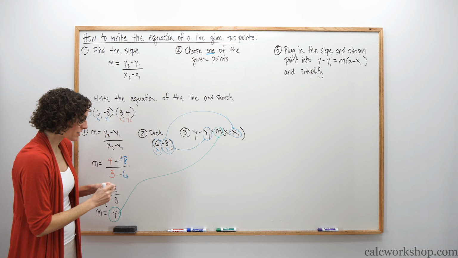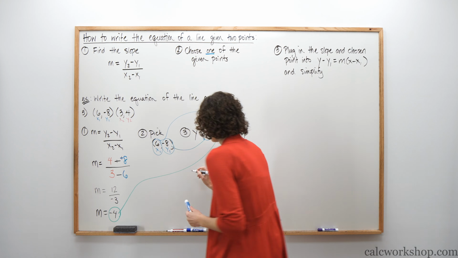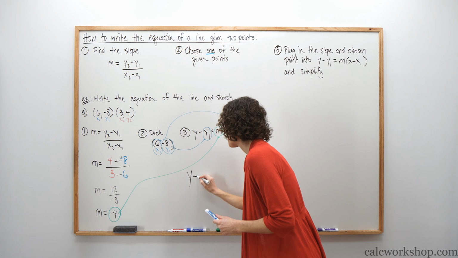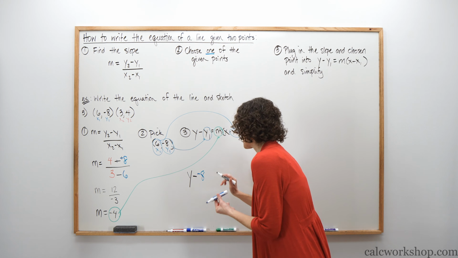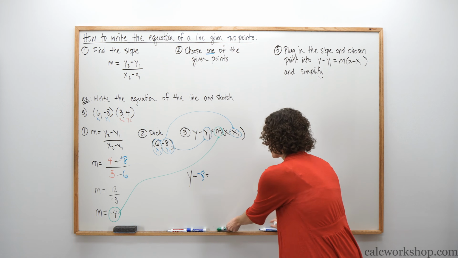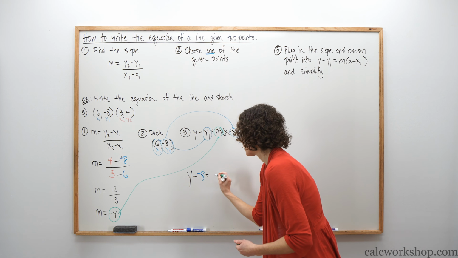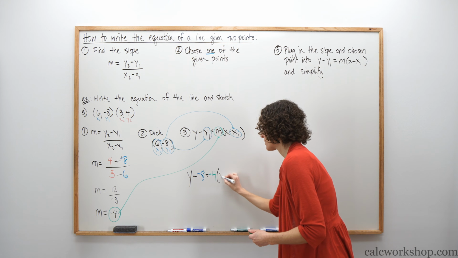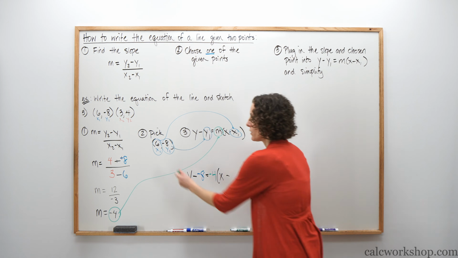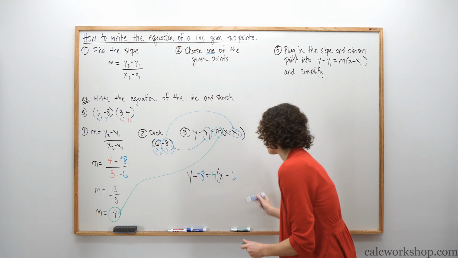So let's go ahead and make those substitutions. What we see would be y minus y1, which we see as -8, equals m, which is the value of -4, and then times x minus x1, which we see as the value of 6.